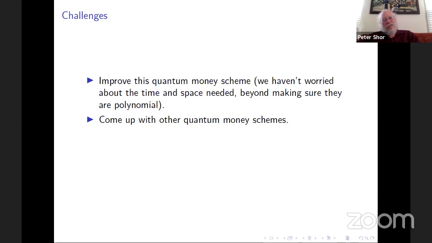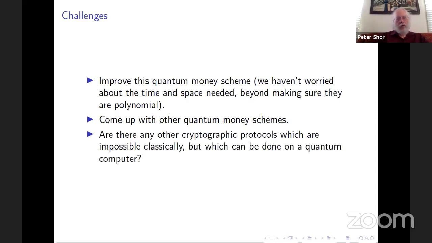You can ask, is there a quantum money scheme for another cryptographically hard problem? You can also ask, are there other cryptographic protocols which are impossible classically, but which can be done on a quantum computer?